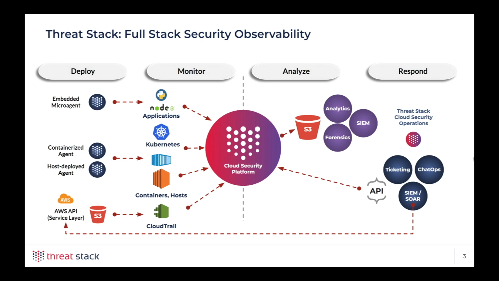We say full stack security observability, and we really mean it. We are pulling signals in everywhere from the cloud management console layer up through hosts and containers and orchestrators into applications. Then we analyze the activity there to look for problems, bring them to your attention, and help you respond to them.